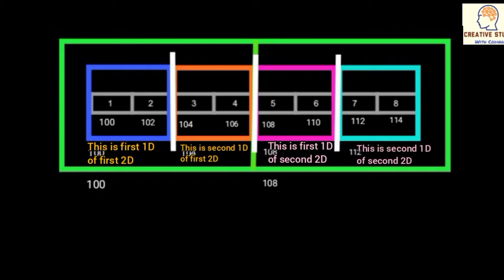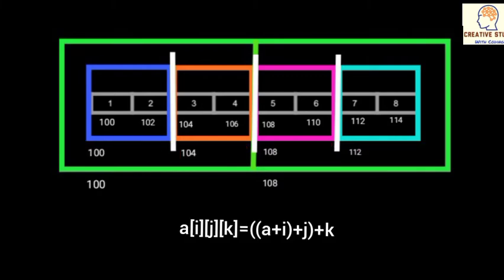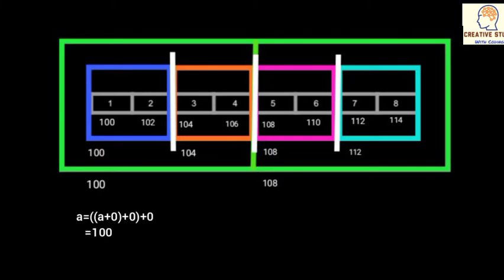So in a three-dimensional array, the address of A[i][j][k] will be equal to A plus i plus j plus k, and A will be equal to A plus 0 plus 0 plus 0, or it will give the base address of the first element of the first 2D array, that is 100. And A plus 1 plus 0 will be equal to the address of the first element of the second 2D array, that is 108.